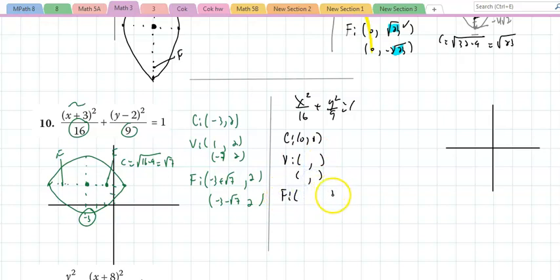Even though it might seem like a lot of work, I'm gonna move from the origin 1, 2, 3, 4, 1, 2, 3, 4, 1, 2, 3, 1, 2, 3. Connect them with a smooth curve. Oops. That doesn't look pretty. There's the graph. So the vertices are at 4, 0, negative 4, 0.